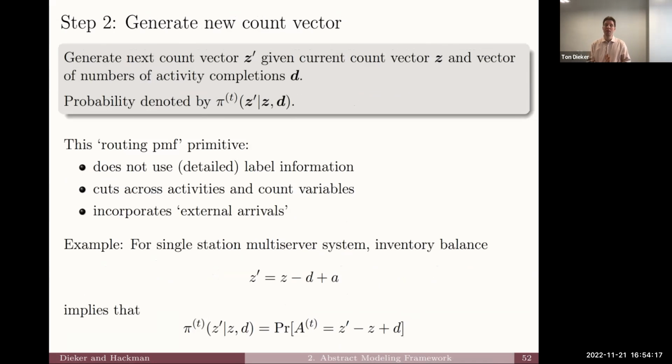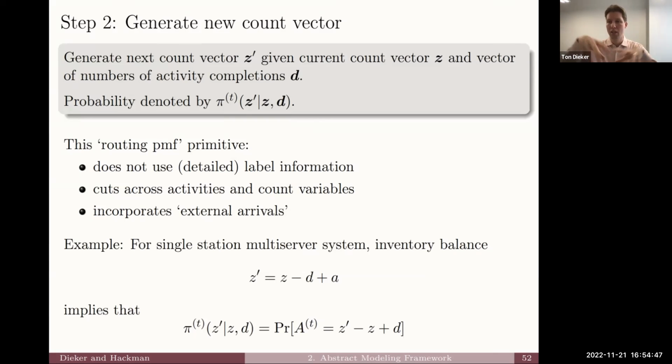Okay, the second step generates the next count vector Z prime, and that itself is a primitive as a function of Z and D. We call this the routing PMF primitive. This does not have access to the detailed label information. It only uses the counts of how many entities complete each activity, which is in this vector D. And second thing to note, this really is a global quantity.